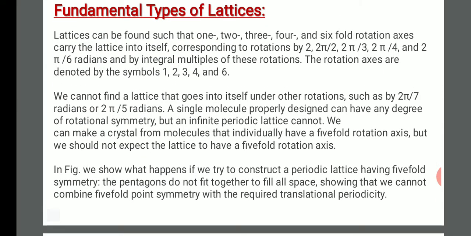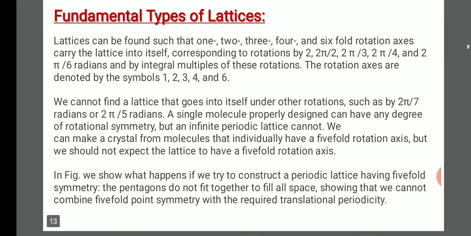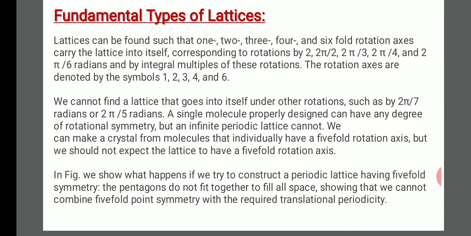Now, fundamental types of lattice. A lattice can be found such that 1, 2, 3, 4 and 6-fold rotation axes carry the lattice into itself, corresponding to rotation by 2 pi, 2 pi by 2, 2 pi by 3, 2 pi by 4 and 2 pi by 6 radian, and by integral multiples of these rotations. These rotation axes are denoted by 1, 2, 3, 4 and 6.